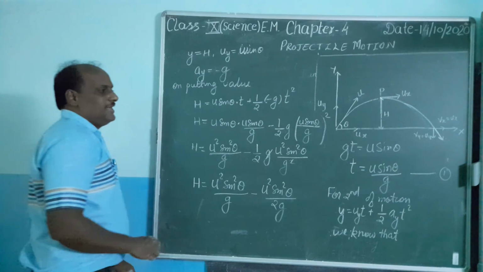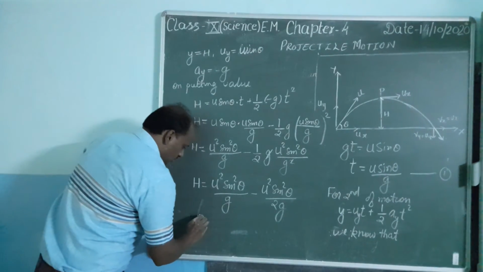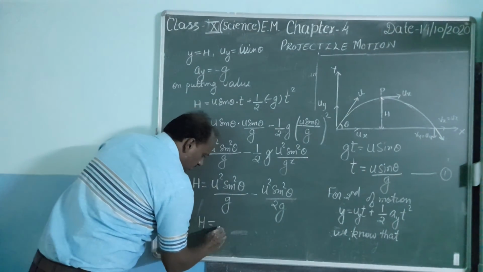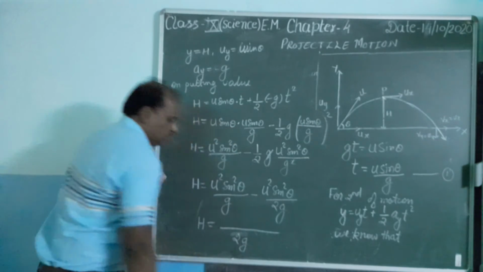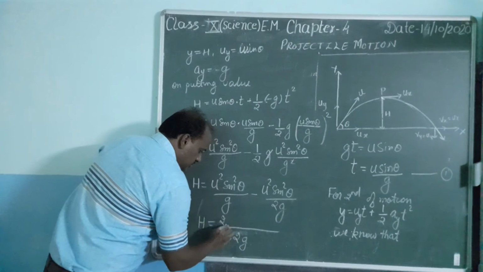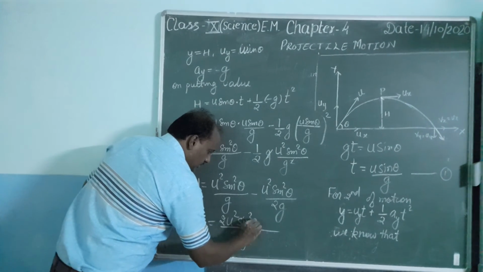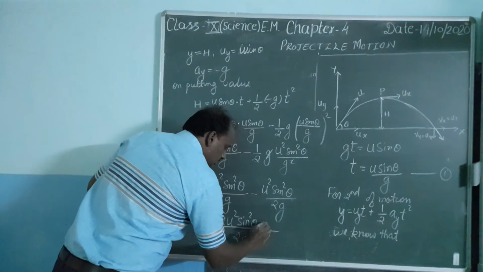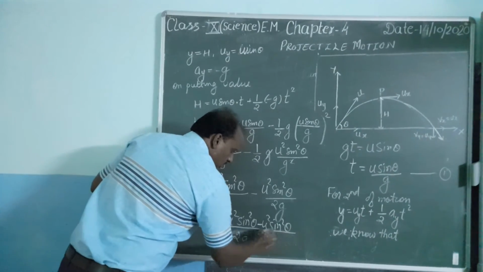We'll take the LCM and solve it. The LCM will be 2g, so 2 u square sin square theta minus u square sin square theta.